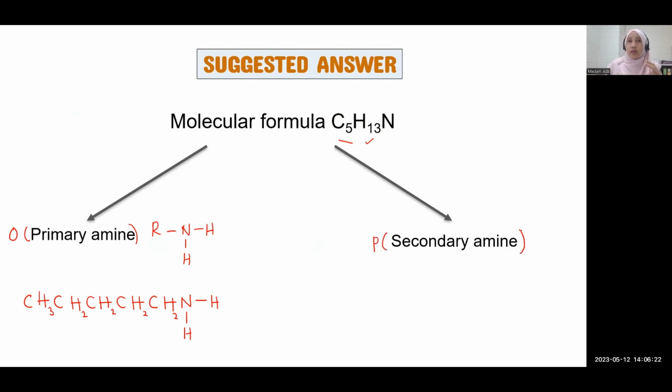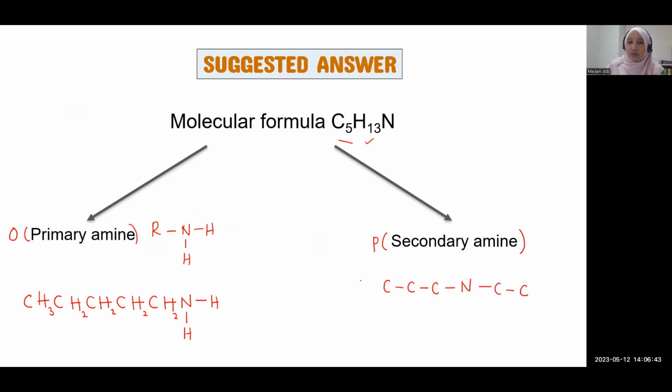For a secondary amine, we have an alkyl group on each side of the nitrogen. We have 1, 2, 3. We have to put N here, because if you put N on the other side, we have only 1 more carbon. So 1, 2, 3. Oh, we can put one more C. 1, 2.